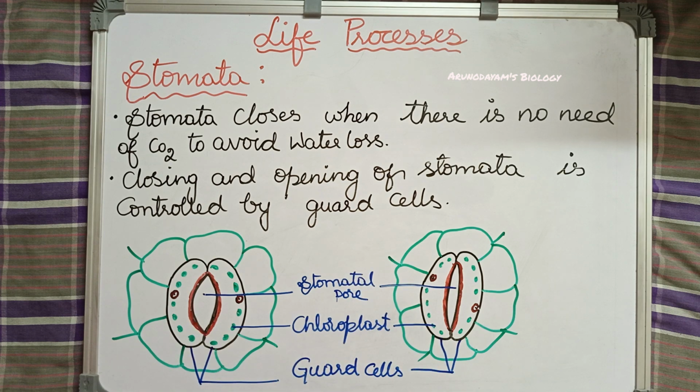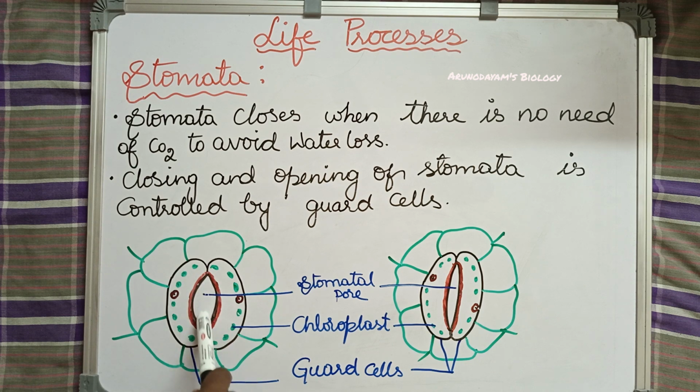During the opening of stomata, whenever plants have to open their stomata to absorb carbon dioxide from the atmosphere, the guard cells will absorb water from the adjacent cells and swell up. These two guard cells absorb water from the other cells of the plant body and they swell up.